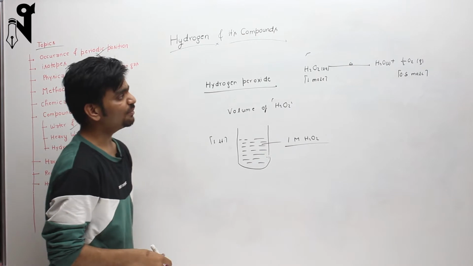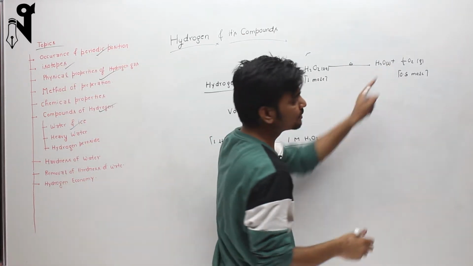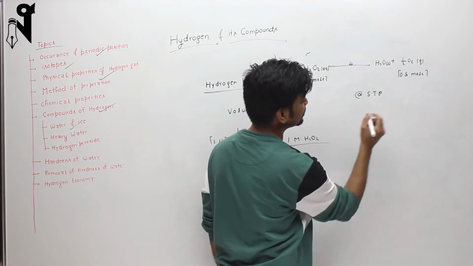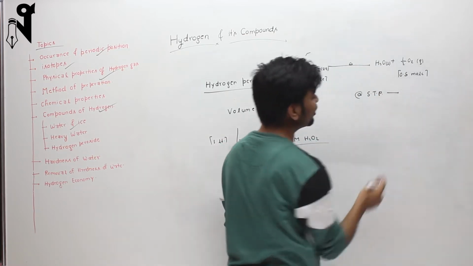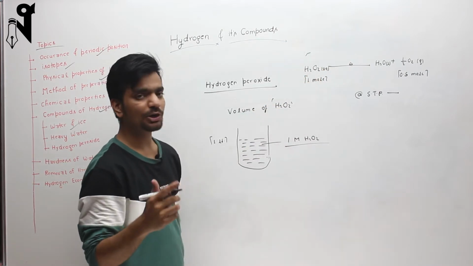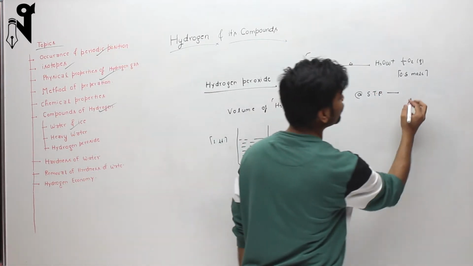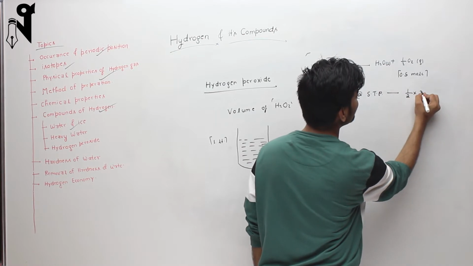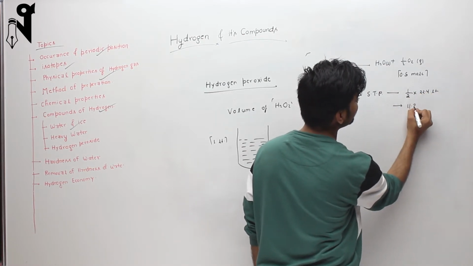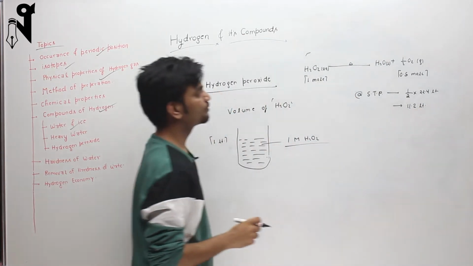So at STP, how much volume will this O2 gas occupy? 1 mole of any gas at STP occupies 22.4 liter. So this will occupy 1/2 times 22.4 liter, or you can say 11.2 liter.